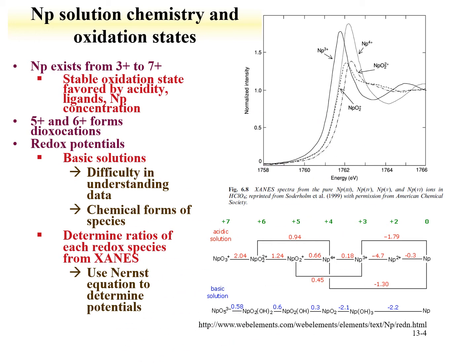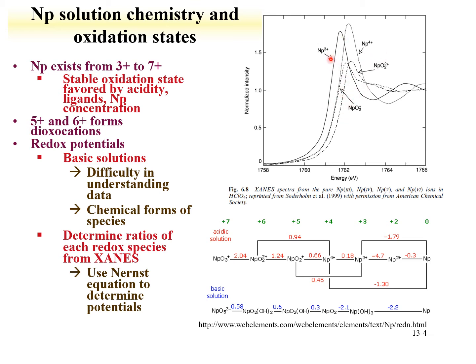The redox potentials for Neptunium have been evaluated, and the data is presented here. In basic solutions, there's some difficulty in evaluating the data due to the complex chemical speciation that occurs. Zane's data, which is shown here, has the absorption edge of different Neptunium species as a function of oxidation state present.